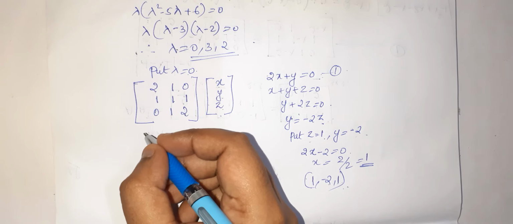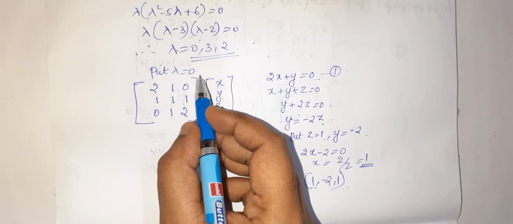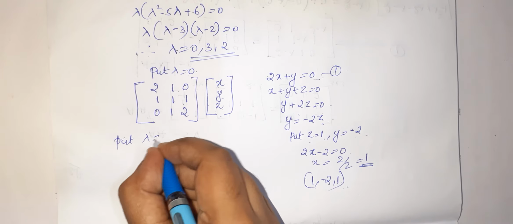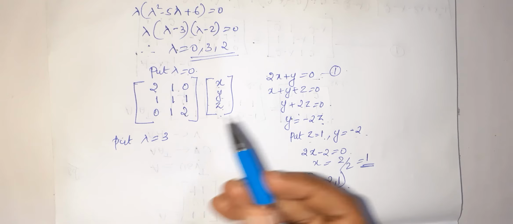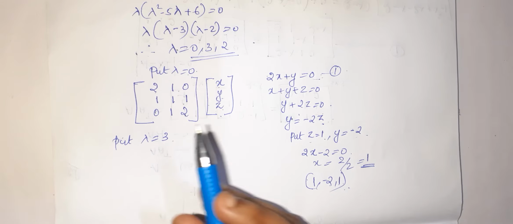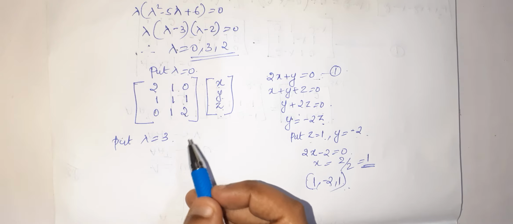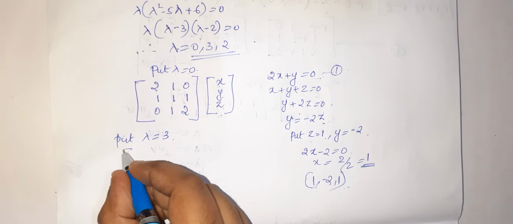Similarly, calculate the eigenvectors for the remaining values of lambda. When lambda equal to 3, substitute the value of lambda in the initial equation 1, which is our characteristic equation. Then we will obtain the matrix.